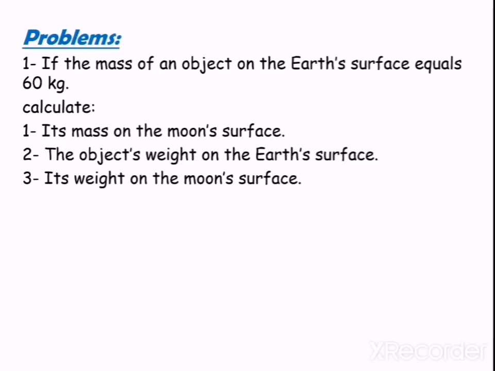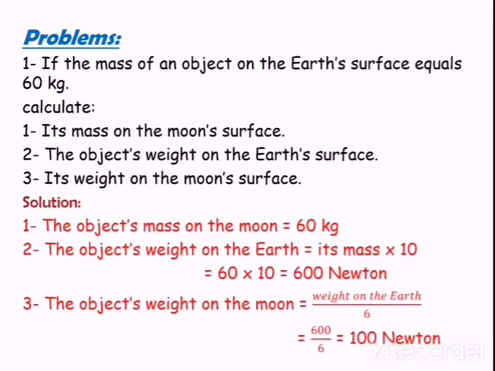The mass on the moon's surface equals 60 kilograms. Why? Because the mass is a fixed value. It doesn't change from Earth to the Moon, or from one place to another.